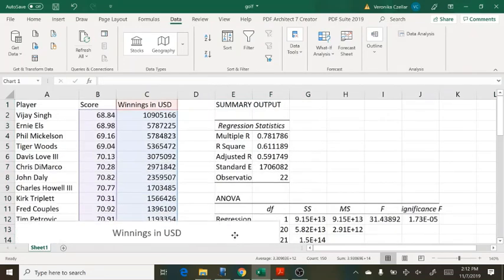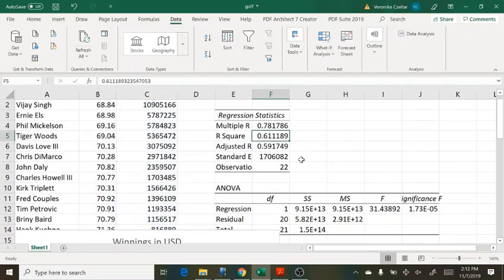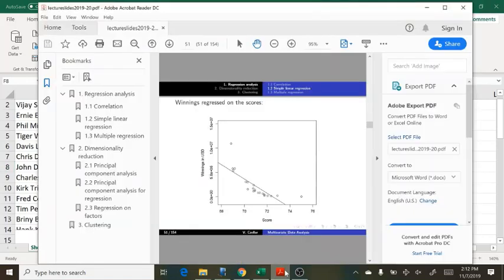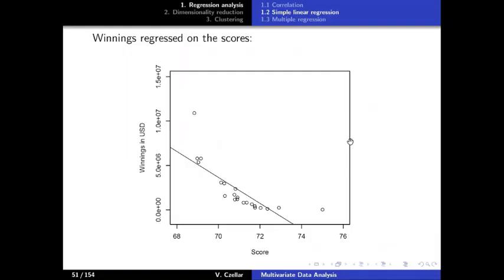Now, I have a high R square, 61%. But the number of observations is 22, so it's always easier to get a high R square with a small number of observations. This is what I obtained by using a simple linear regression.